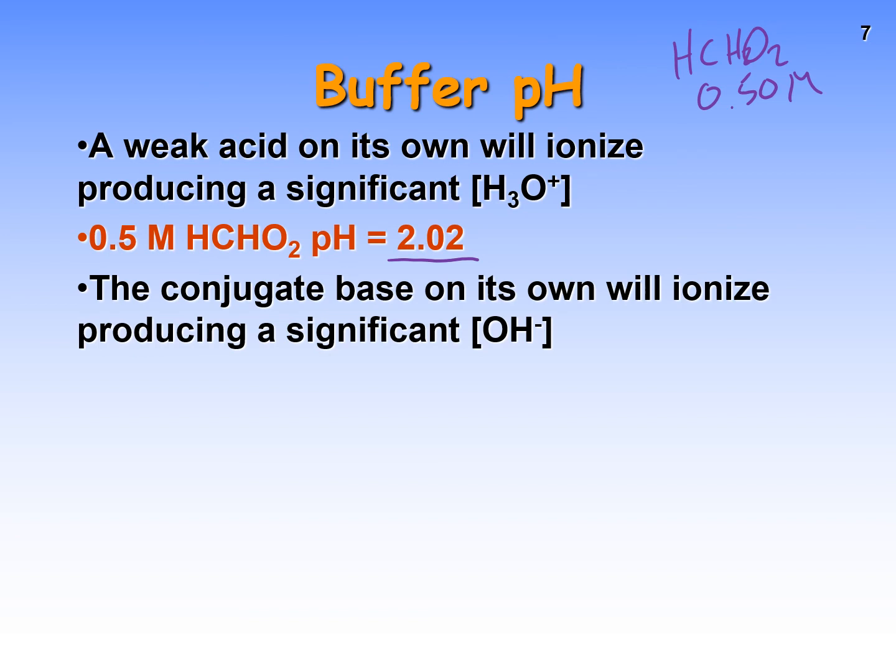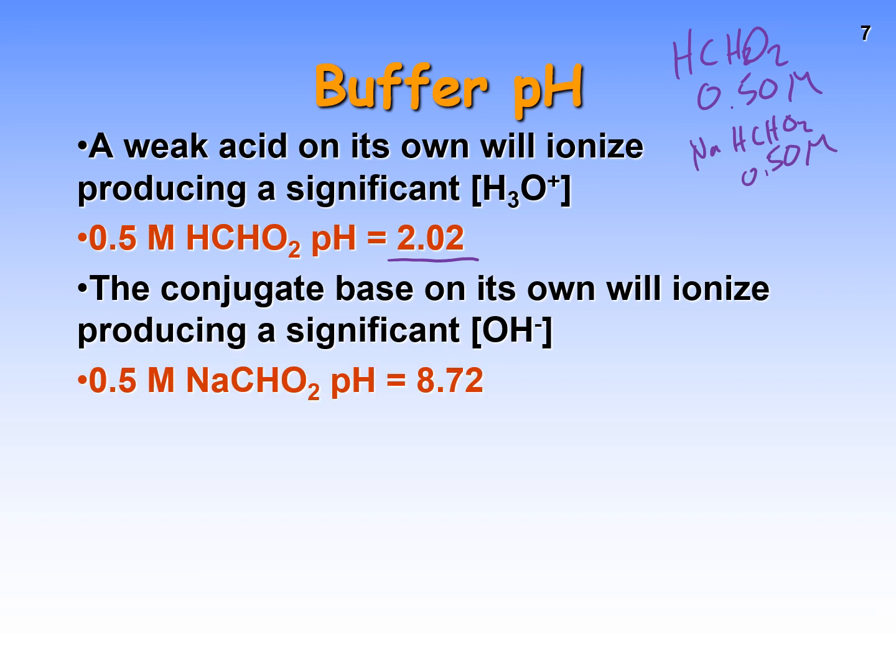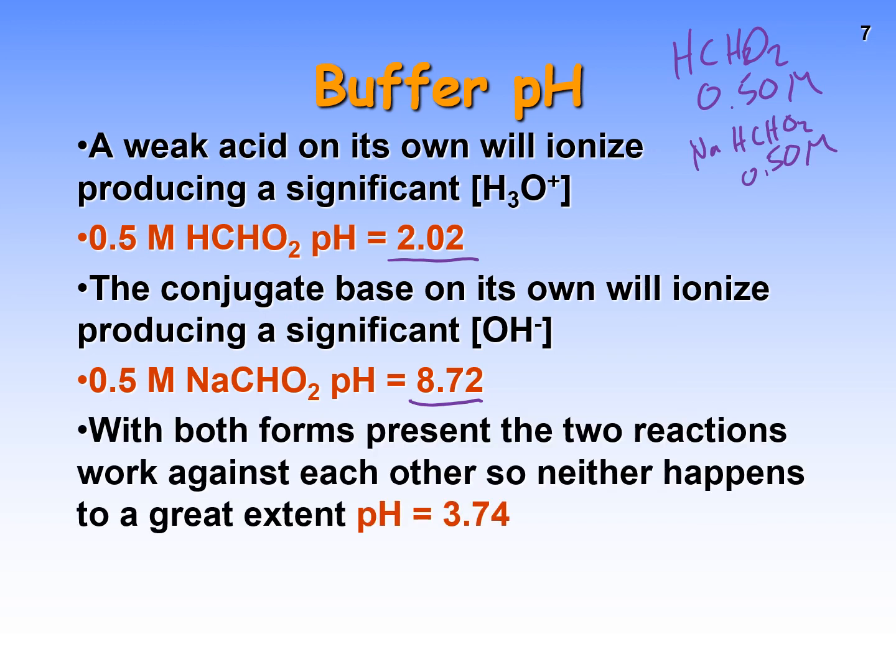The base, if I just had sodium formate present, if I had just NaCHO2 at 0.5 molar, I'm going to have a basic pH here because that's a weak base, and its pH would be 8.72. However, when we just did this calculation, when we have both of them present, our pH is 3.74, higher than the acid by itself and lower than the base by itself, which hopefully makes sense.